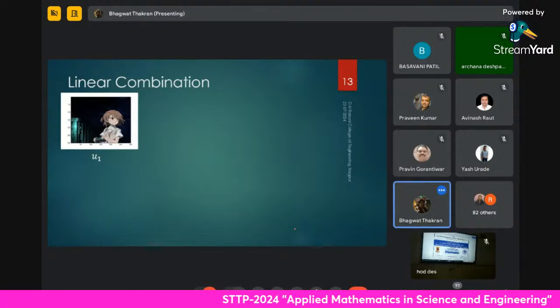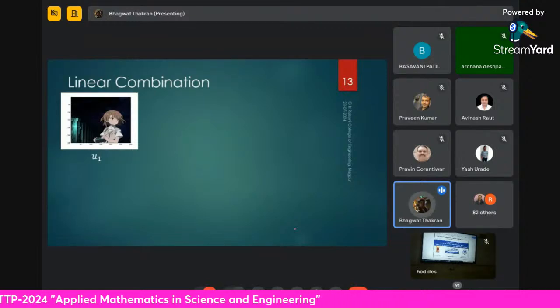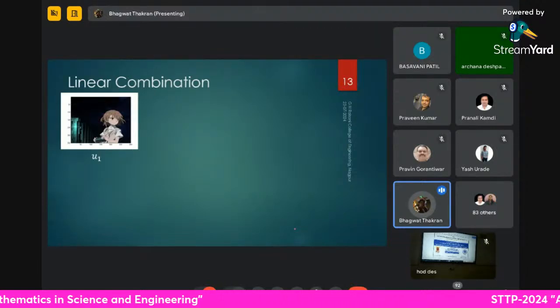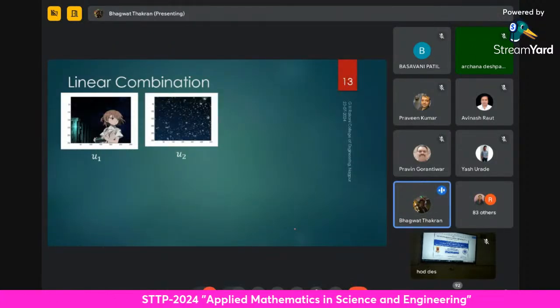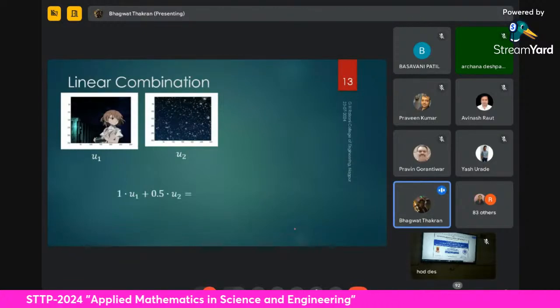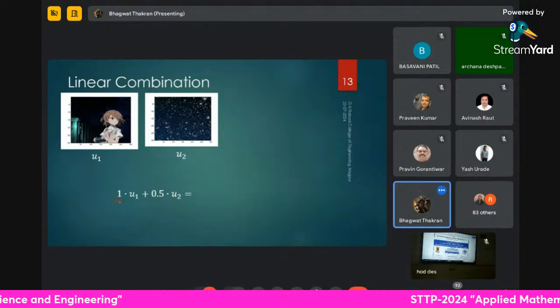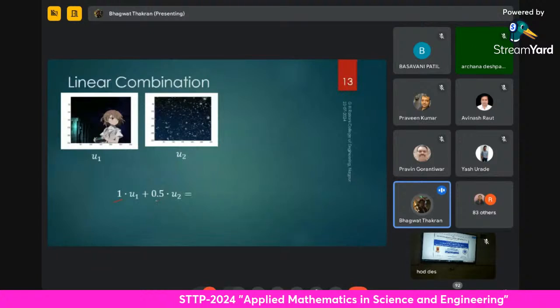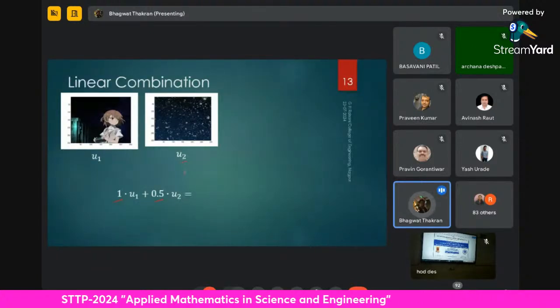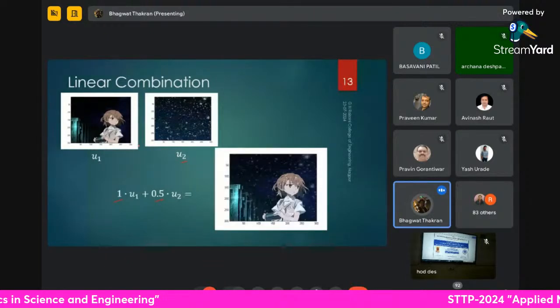Suppose u1 is my image, which represents a vector. Definitely it's a matrix. And u2 is the image of stars. Then, if I consider 1 to be the scalar for u1 and 0.5 to be the scalar of the u2 vector, the result would be something like this.